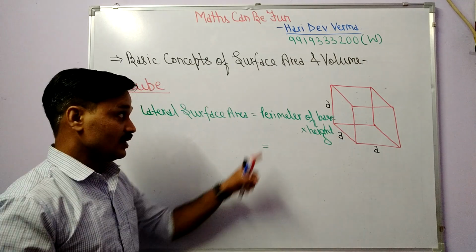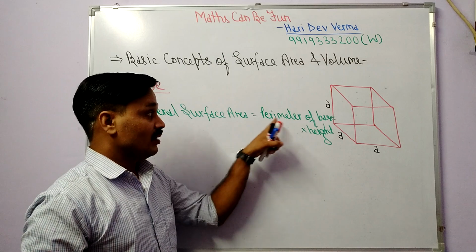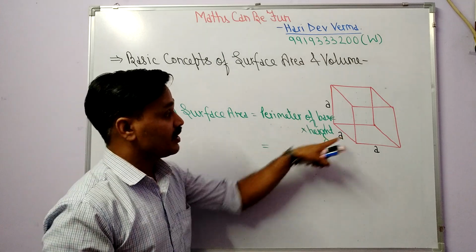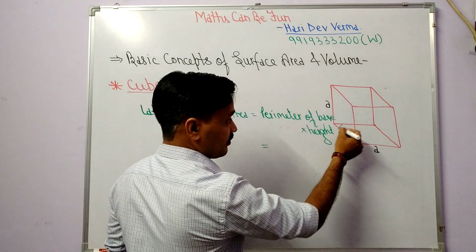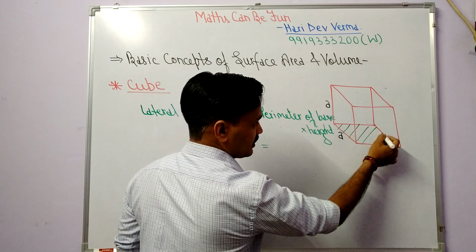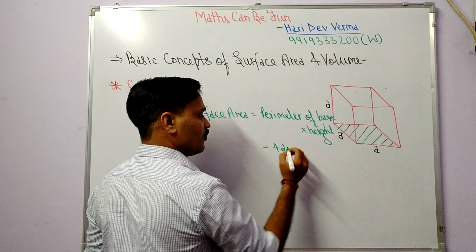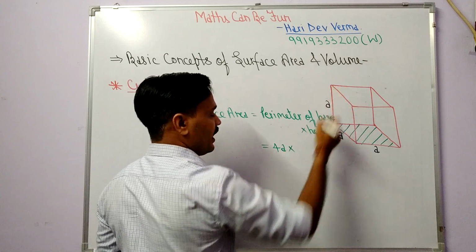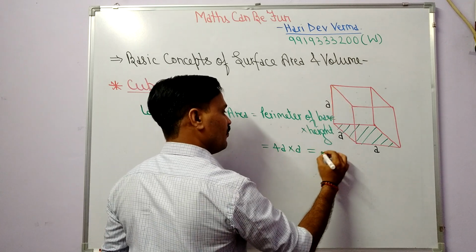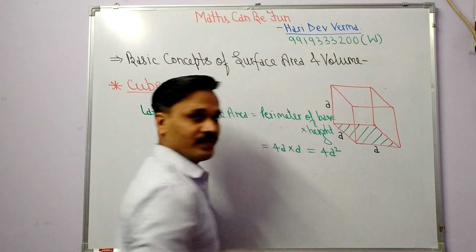So lateral surface area is equal to perimeter of base into height. What is the perimeter of this base? Its base is a square, and we know that the perimeter of a square is 4 into side. So 4a into height a. So it is 4a square.